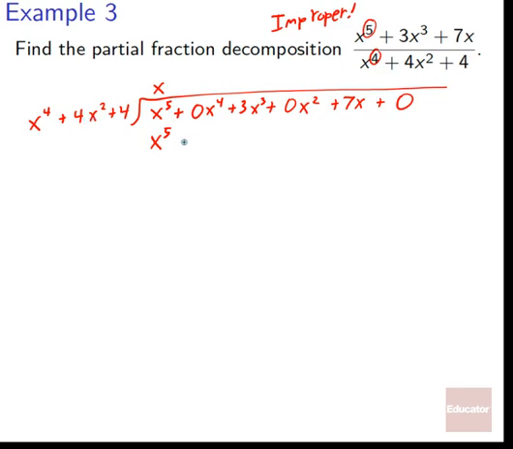Then we do it on the other things, plus 4x cubed, plus 4x. So we subtract all this, so let's distribute that subtraction minus, so x to the fifth minus x to the fifth becomes 0, no surprise there. 3x cubed minus 4x cubed becomes negative x cubed. 7x minus 4x becomes positive 3x.